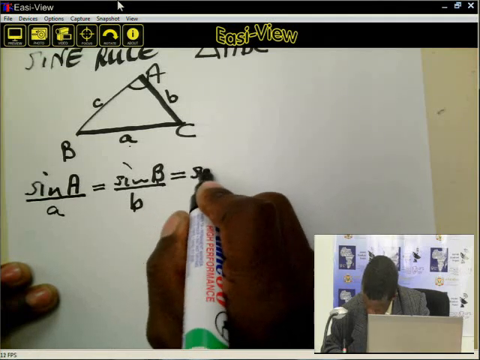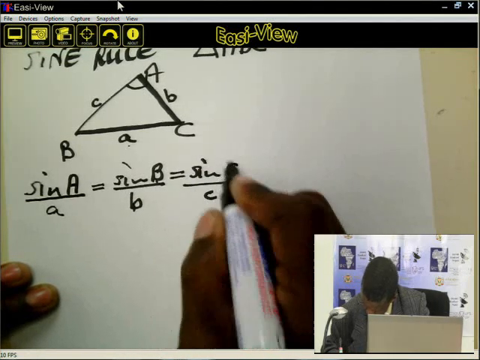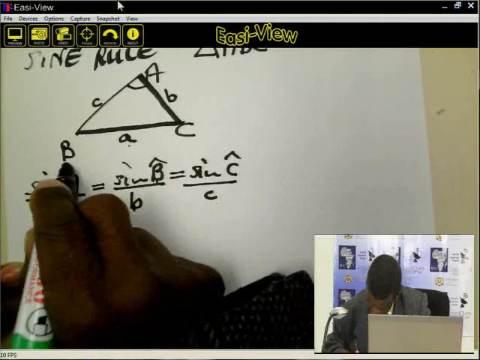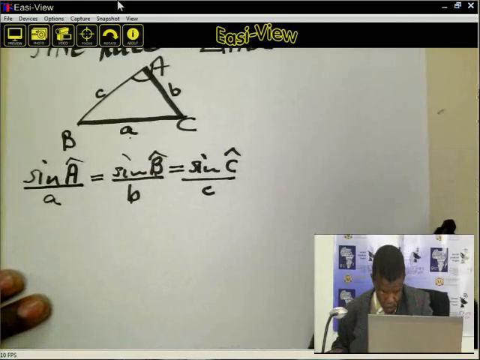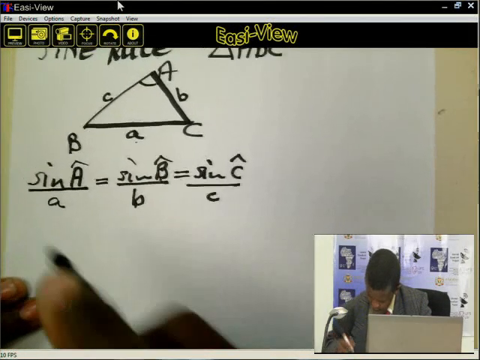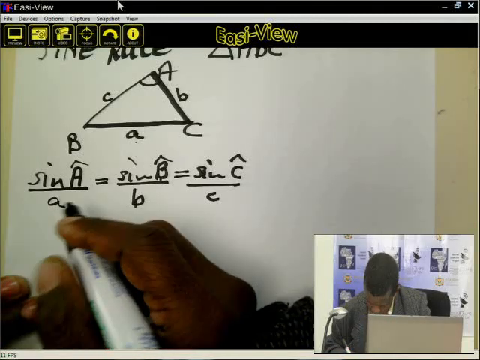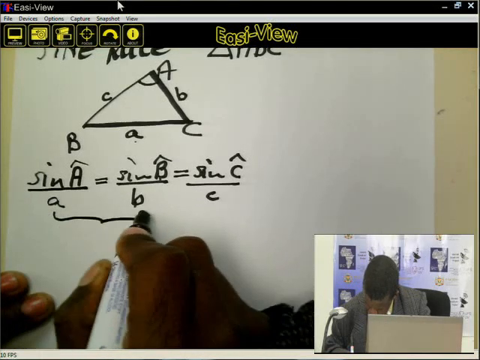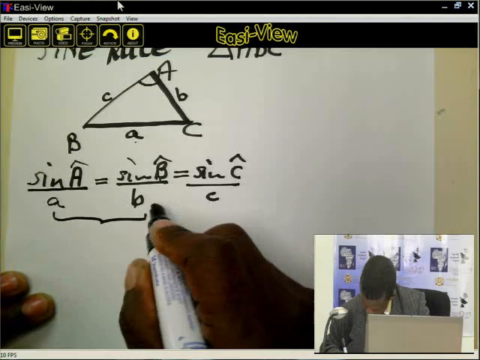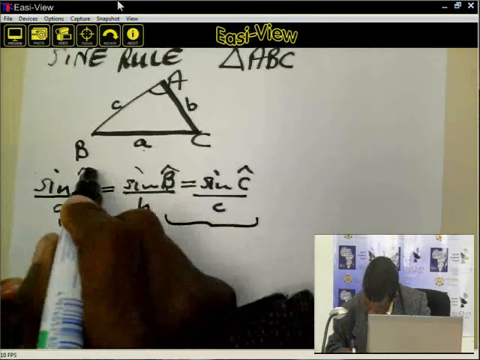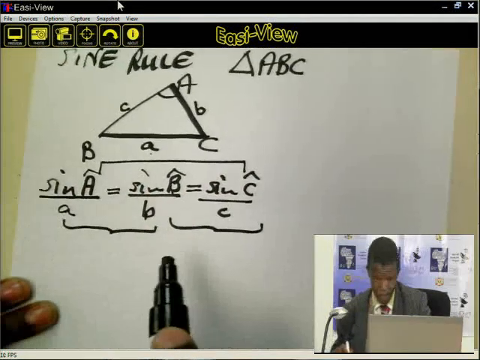And finally, we can have this. This is the sine rule. But the beauty of it is that at any given time, we use any two of them. We use this one, or we use this one, or we use that one.